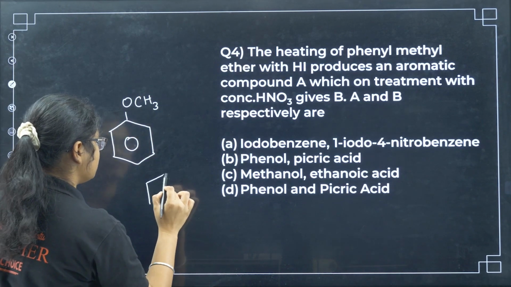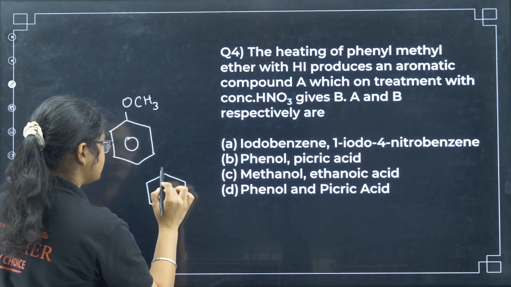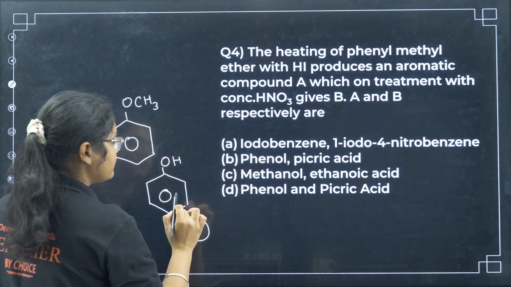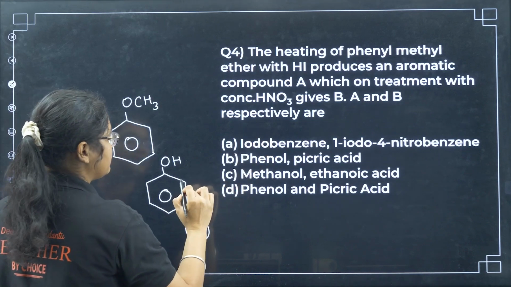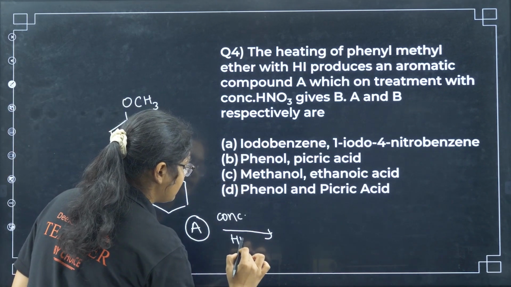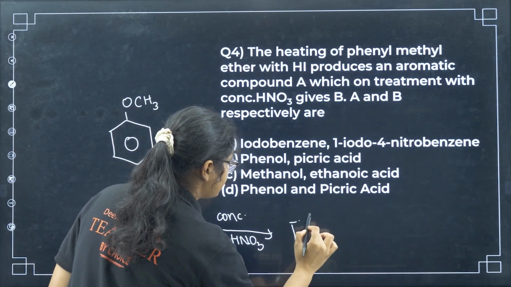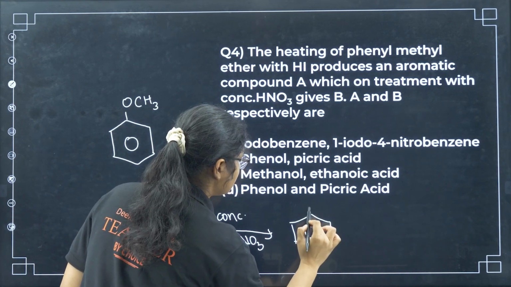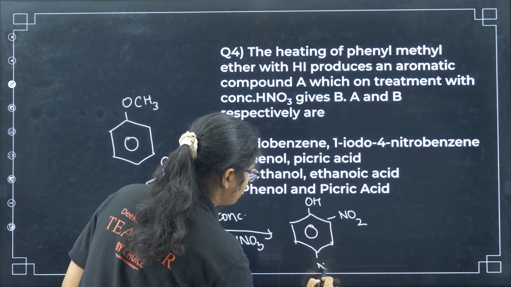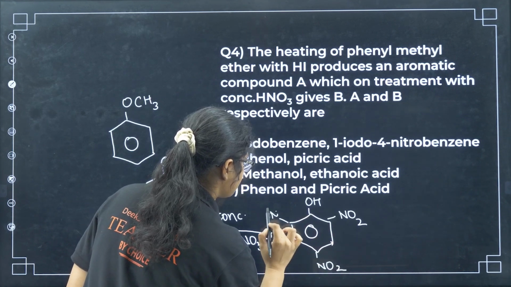So first I will get phenol. A is my aromatic compound, which is phenol, and if I treat this with concentrated nitric acid, I will get OH with NO2, NO2, NO2, right.